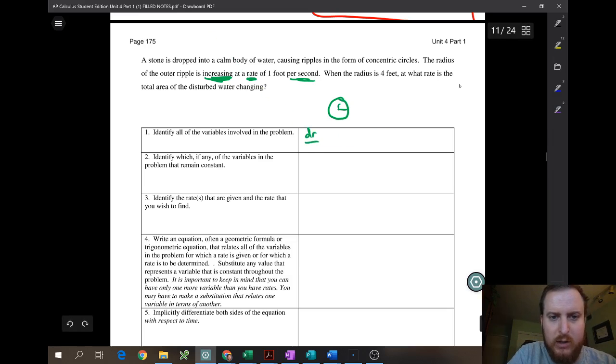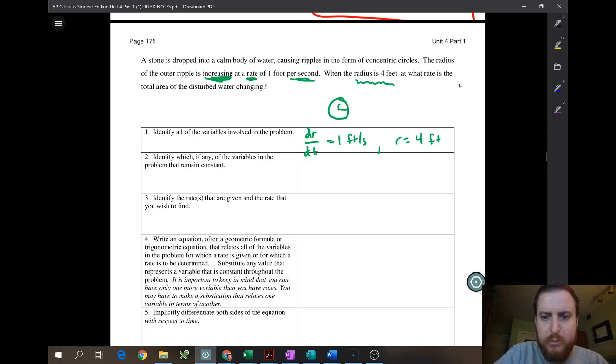So dr dt, in this case, is going to be 1 foot per second. And then when the radius is 4 feet, so they gave us, at that one moment in time, the radius is 4 feet. We know it's just r and not dr dt because we didn't see any of those keywords and we don't have per time.